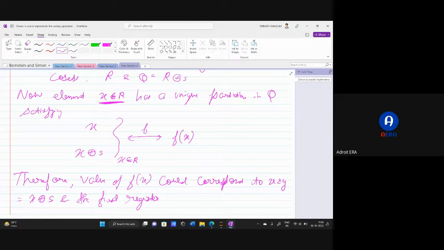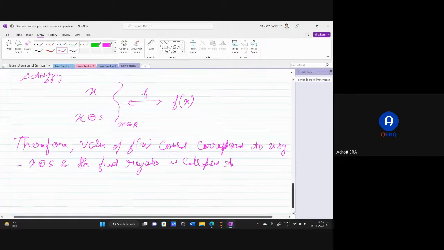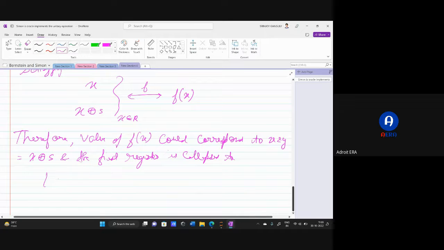And therefore the first register value will be collapsed, because we have taken measurement, right? Remember, we have taken measurement. So therefore ket phi 4 is equal to 1 by under root 2 times ket x plus ket y, a superposition state of ket x plus ket y.